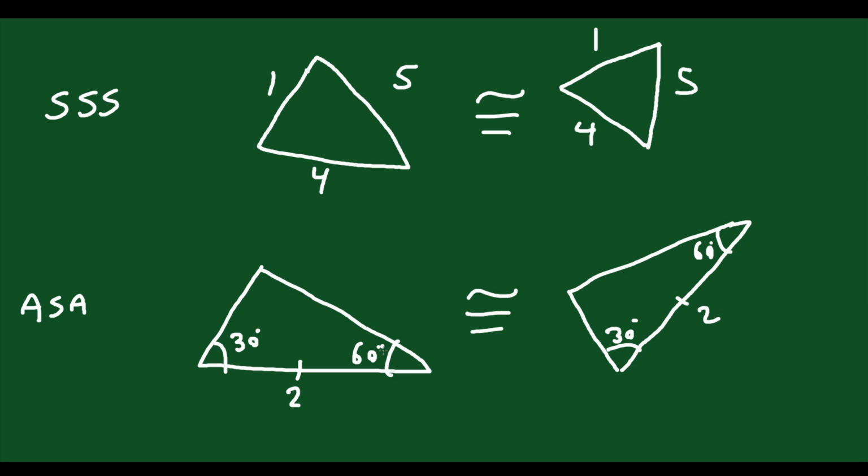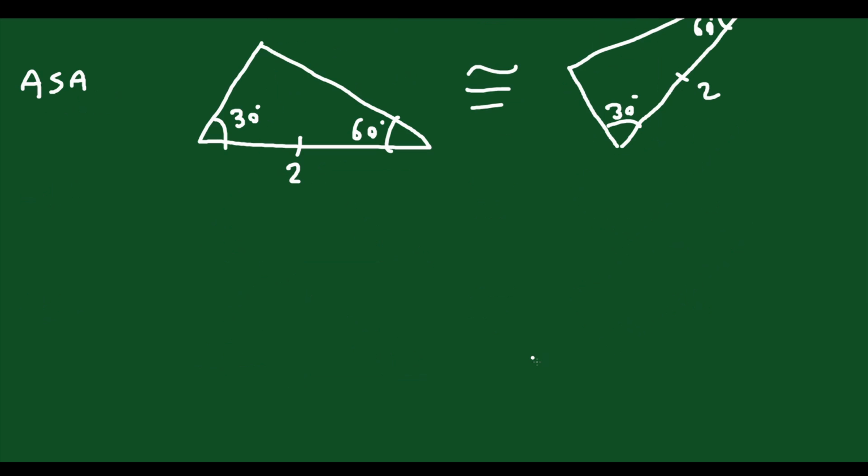It's the exact same triangle, it's just been rotated a little bit this way, right? So if you have an angle, and then a side next to that angle, and then another angle on the other end of that side, and you have that in another triangle, same values, then you can confirm that those two triangles are congruent. They're the exact same triangle, just rotated or changed a little bit.